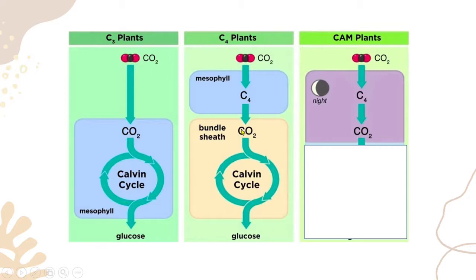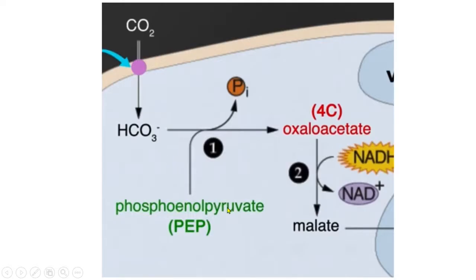The CAM plants, on the other hand, will fix the carbon dioxide into a 4-carbon molecule during nighttime, and then release it during daytime. So let's look at the C4 first. You can see here that it's the same process just like in the C4.